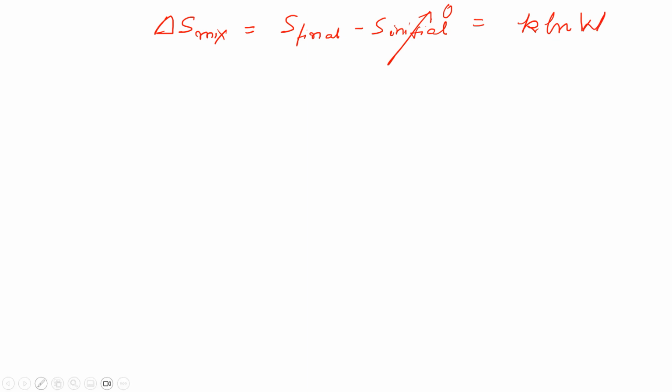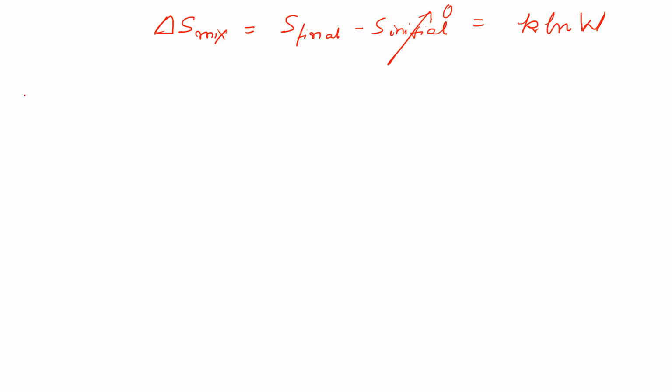The change in entropy upon mixing is given by S final minus S initial, and since S initial was 0, the total change in entropy is contributed by the configurations of the atoms, or the randomness of the atoms which we arrange in a mixture or the solution.